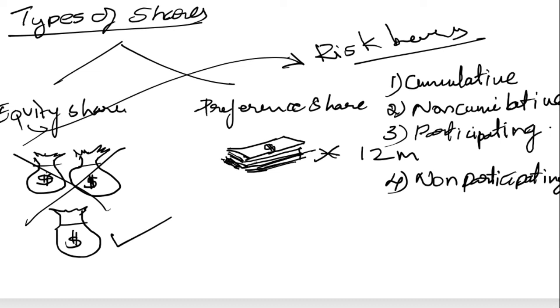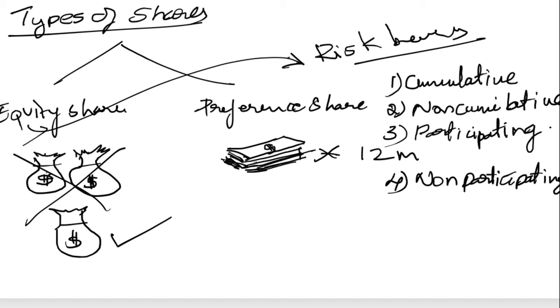Even though there is a surplus after the equity shareholders' needs are met, it won't come to non-participating preference shareholders. Holders of non-participating preference shares are entitled only to a fixed rate of dividend. That's it. They do not share in the surplus profit of the company along with the equity shareholders.